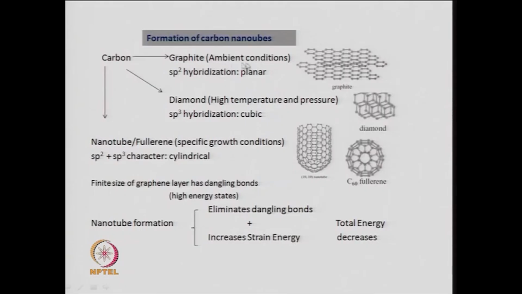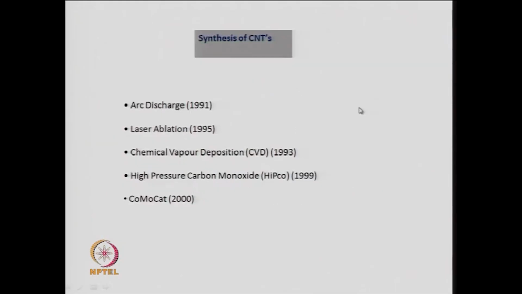Now, this can be obtained in ambient conditions, that means under normal temperature and pressure, whereas if you go to diamond, which is another allotrope of carbon, you need very high temperature and pressure, and the structure is very different. Graphite has this layered structure and diamond has this 3 dimensional structure, where each carbon is in a tetrahedral position.